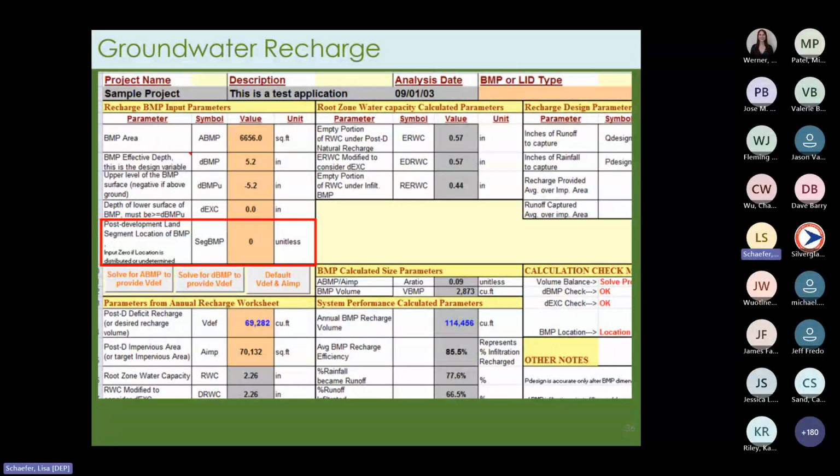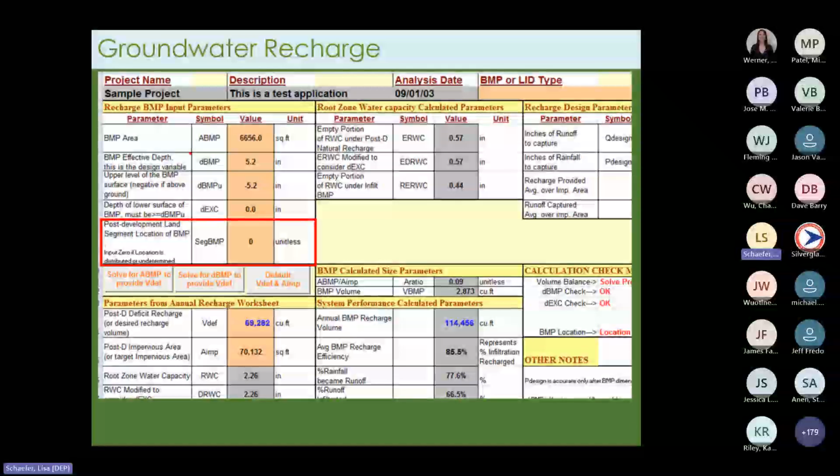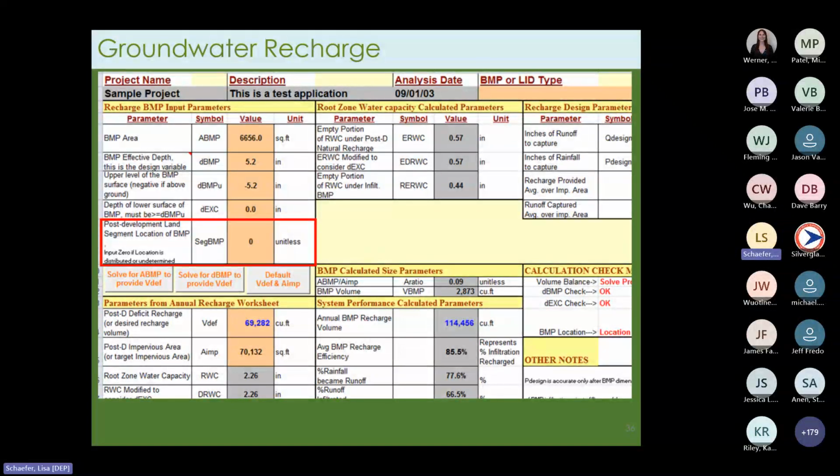Therefore, the BMP location shall be the land segment where the BMP is to be located in the post-construction site, as you input it on the other sheet. If the location of the BMP is not input, this worksheet will default to a value of 0, by which it uses an average root zone depth of all the soil series in the post-construction condition to calculate the annual BMP recharge.